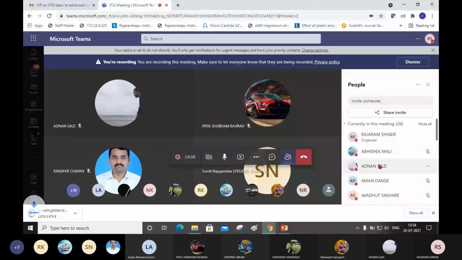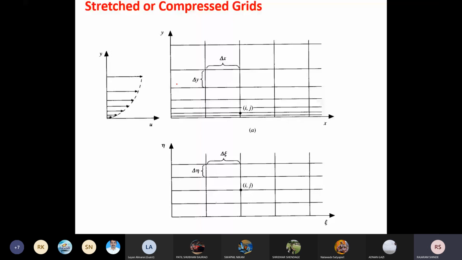Okay, now here this is the stretched grid or compressed grid. Now for that purpose consider a flow of viscous fluid over a flat plate. Now you know this example, here it is your flat plate.